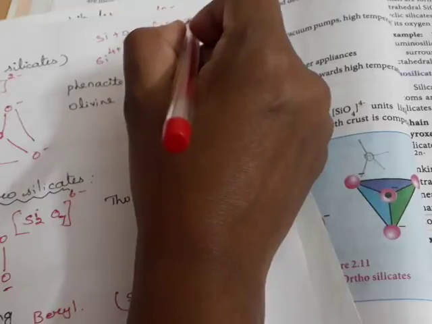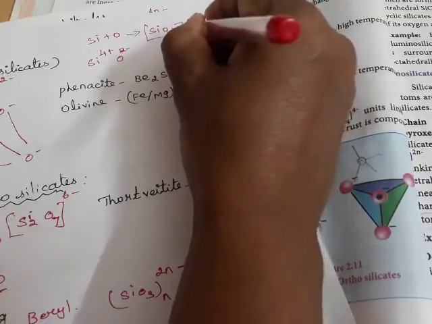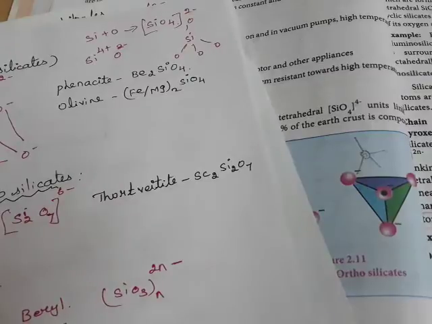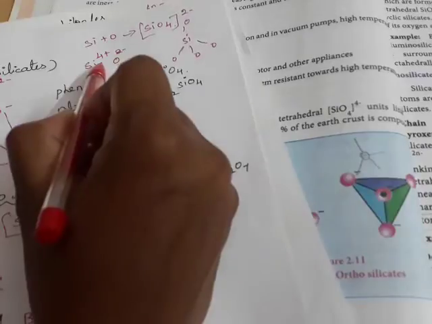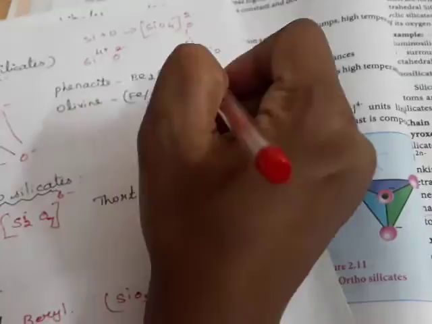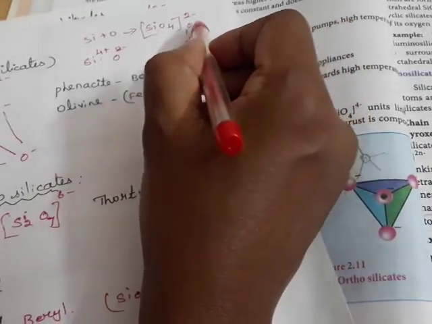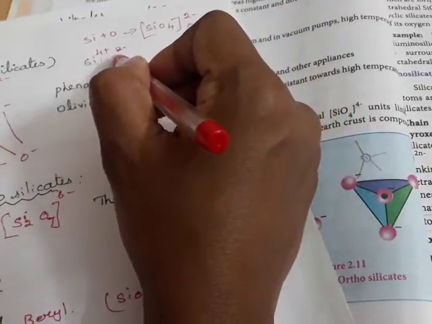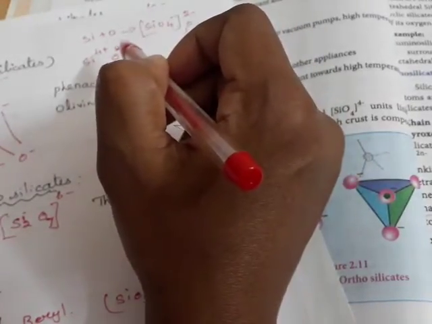In the silicates, all the silicate structures are tetrahedral structures. This is the structure: Si, O, O, O, O. Each oxygen has 2 minus ions, and silicon has 4 plus ions. So four oxygens give totally 8 minus ions, and we subtract the 4 plus ions.